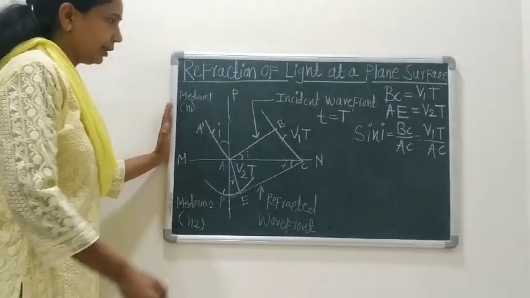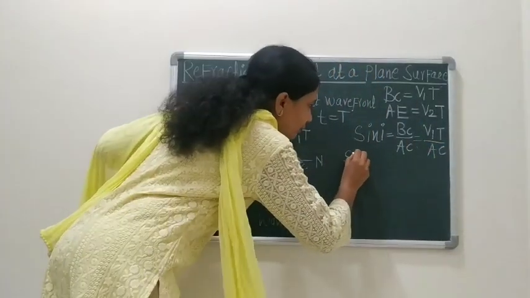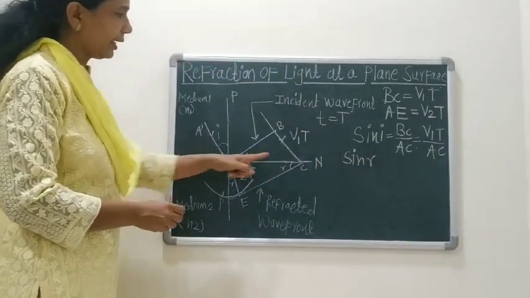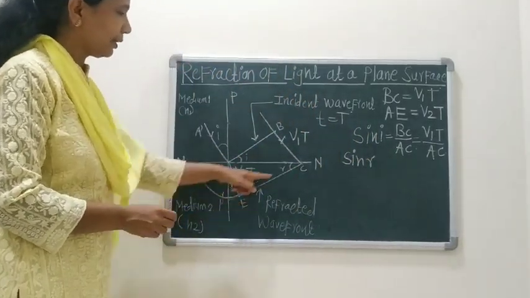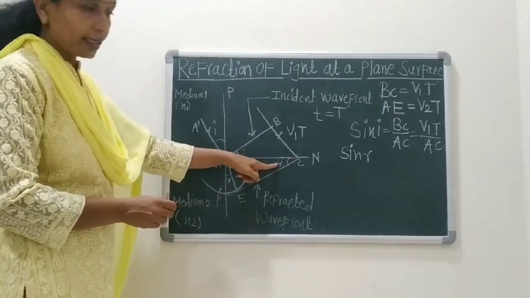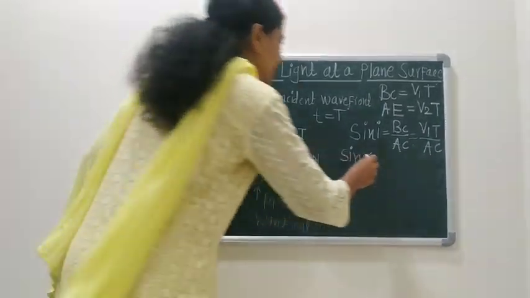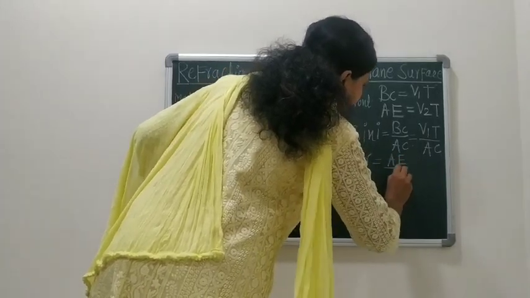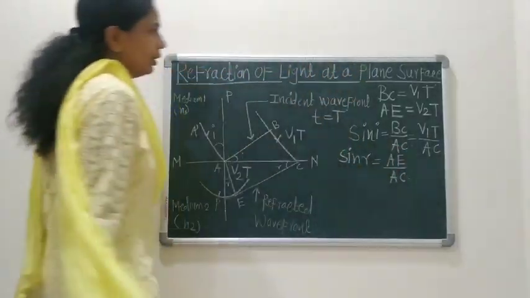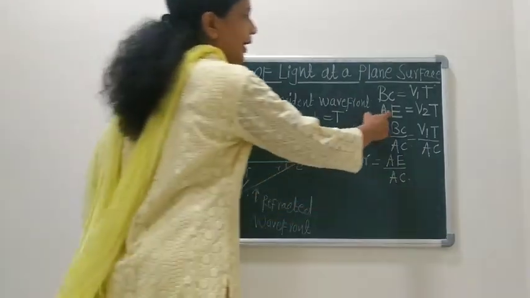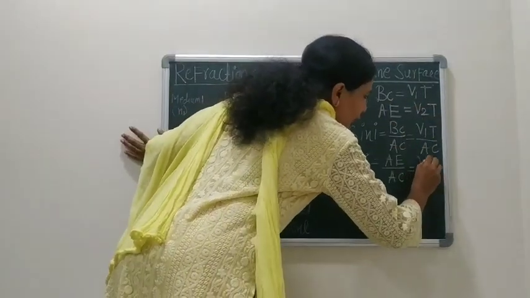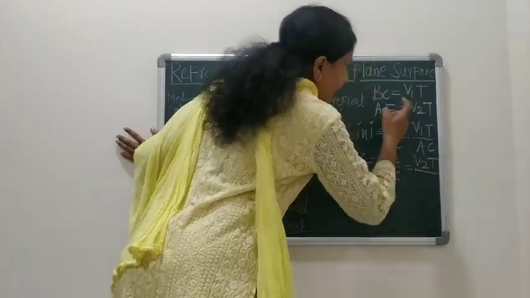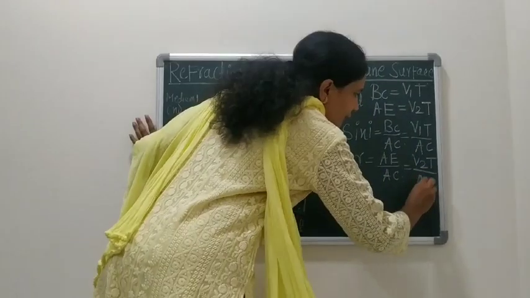Then what is sin R from the second triangle, triangle ACE? Sin R is equal to AE upon AC. Therefore, AE is equal to V2 into capital T upon AC as it is.